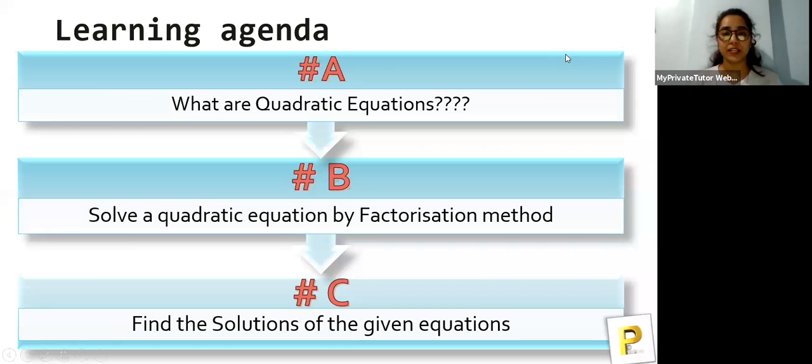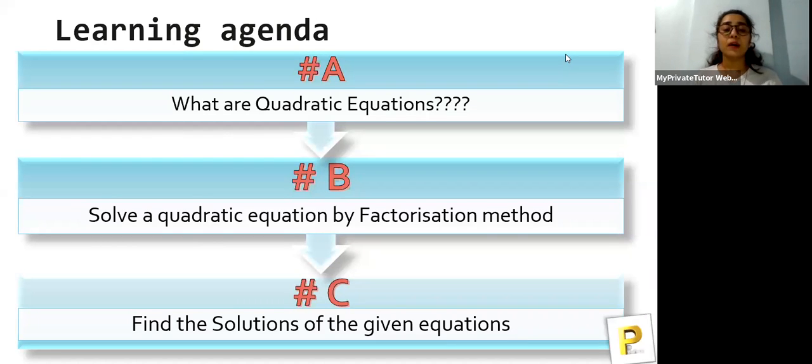The learning agenda is, hashtag A, what are quadratic equations. If we are going to study the topic of quadratic equations, it is necessary that you first know what a quadratic equation is, because without knowing that it's not possible to learn the further things about it. Hashtag B, we have solving a quadratic equation by the factorization method.